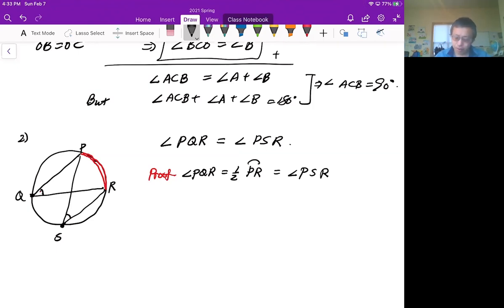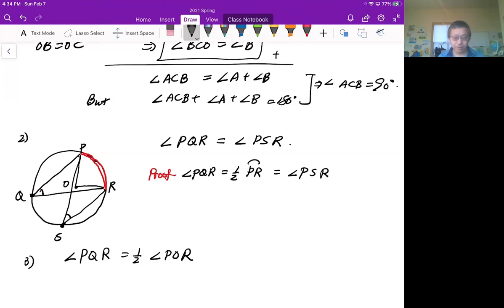And one more, the next corollary. Let me just use the same picture here. Suppose this is O, the center of the circle, and I can have this guy here. So the third corollary will be that the angle PQR is 1/2 of the angle POR. Again, this is just a direct theorem.